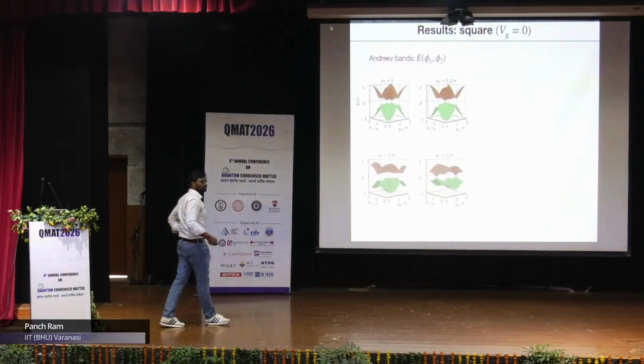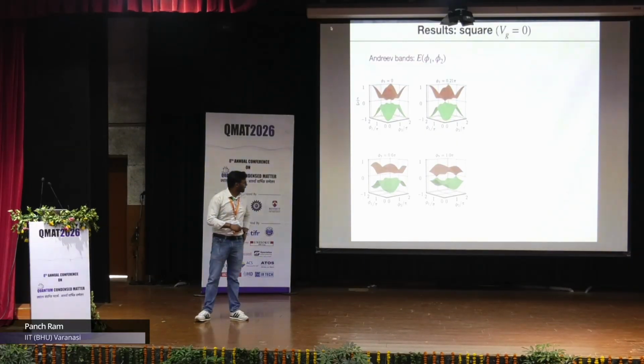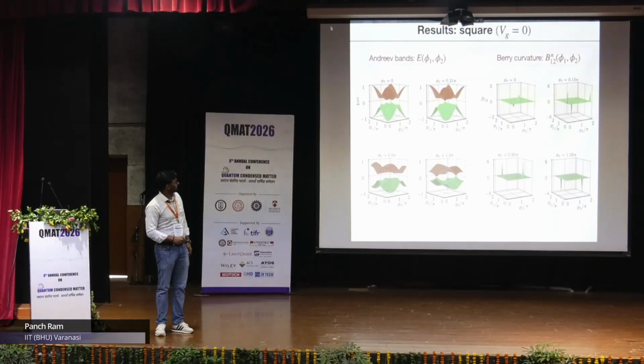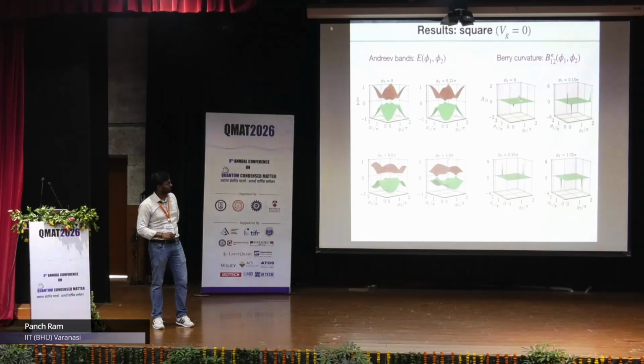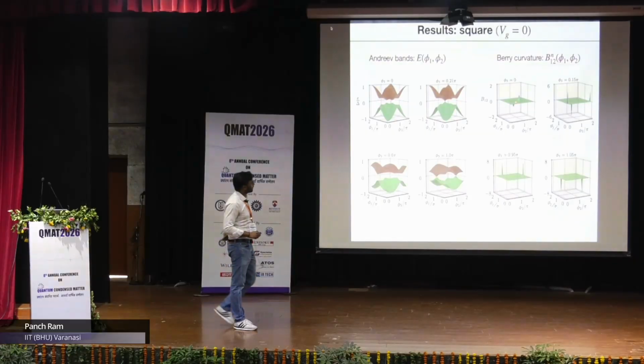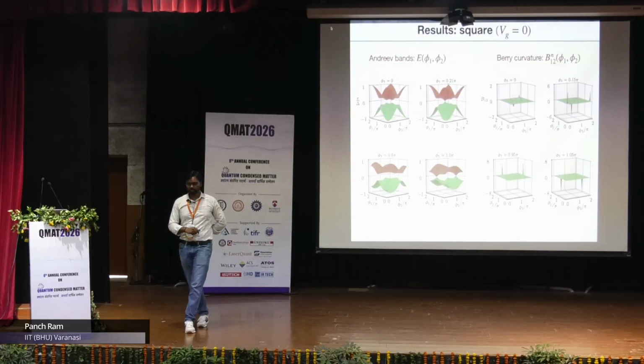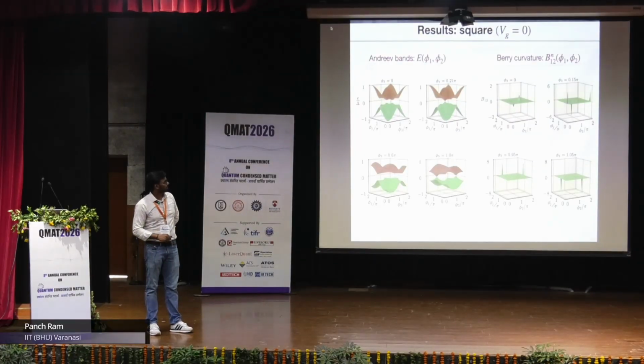So in this system we see one Weyl point and two Weyl points, and we also calculate the Berry curvature, and you see at phi equal to 0 for this curve, we calculate for the negative energy, there is a positive contribution, and similarly a negative contribution at two values of phi 1 and phi 2, and these cancel out. So there is no Chern number here, and here also overall the sum is 0.